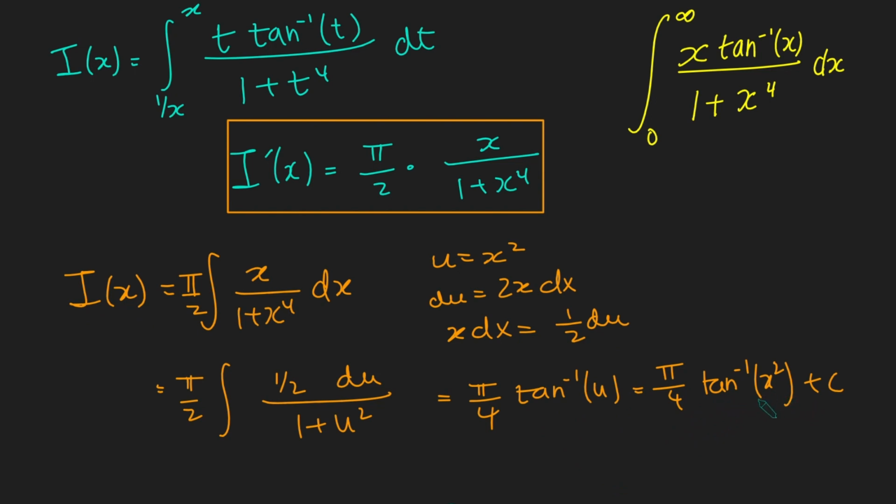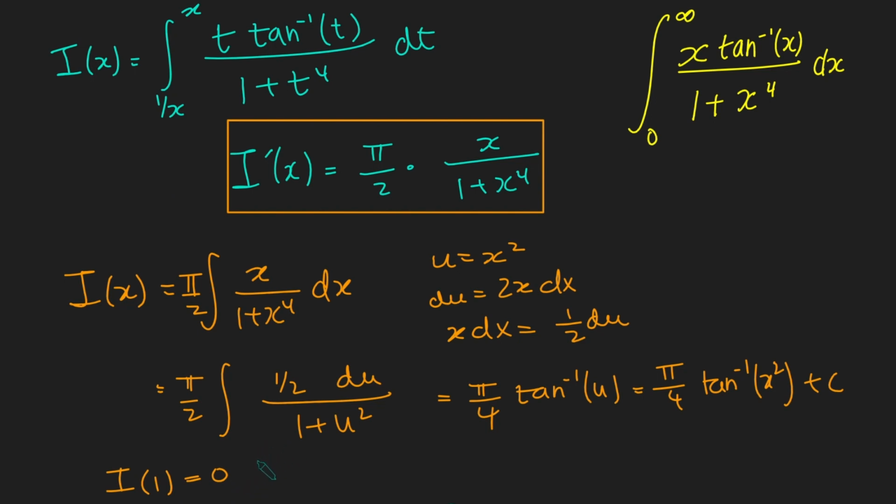Okay, now how do I work out what this plus c is here? Well, I need to work out, well, what is I of a particular value of x? And now what's a really nice value of x to choose here? Well, you could choose x approaches 0 or x approaches infinity, but in fact I'm going to choose x equals 1 here because then my lower limit and my upper limit are actually both the same, and so I of 1 is actually just 0.